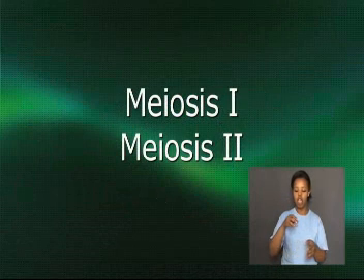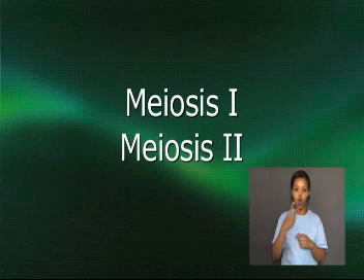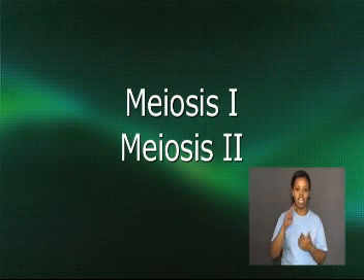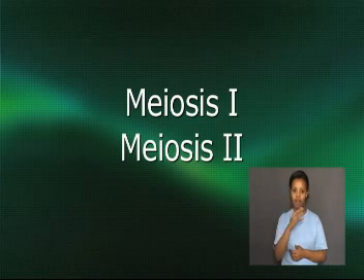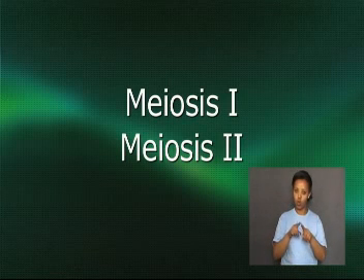Meiosis is divided into two primary stages, called meiosis I and meiosis II. Each of the primary stages is divided into several sub-stages, so we have a great deal to learn.